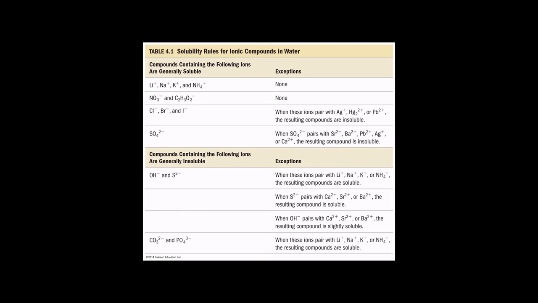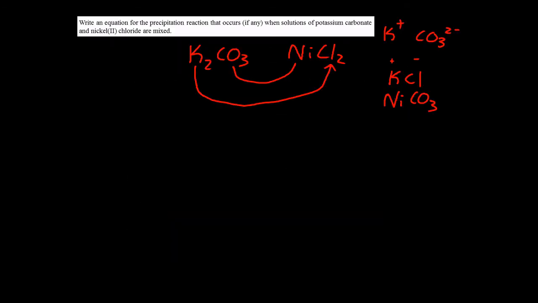Nickel and carbonate, on the other hand, we don't have a rule for nickel, but we do know that carbonate is generally insoluble, and nickel is not an exception to that. So this is going to be in aqueous phase, and this is going to be in solid.